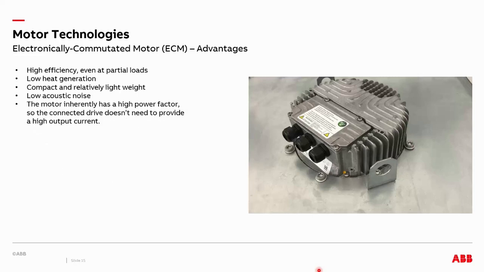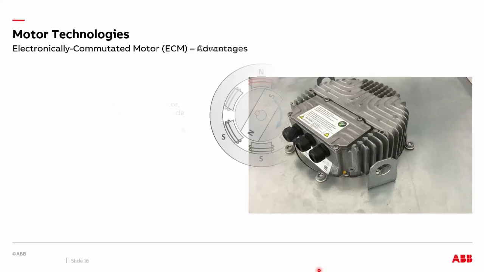The motor inherently has a higher power factor. That's because of the electrical design. When the drive is built into the ECM, wiring the system is quite simple. You don't have to go between the drive and the motor. So due to these advantages, ECMs have gained popularity.